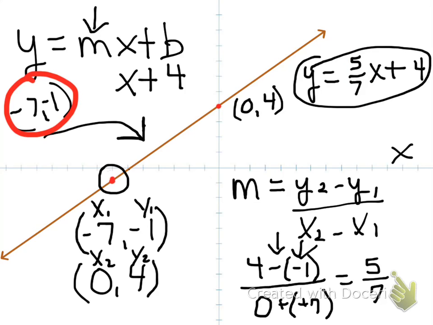So this line right here has an equation that you see, y equals 5/7 x plus 4. Hopefully you understand more about the y-intercept. And one more time, we want to clarify that is your y-intercept.